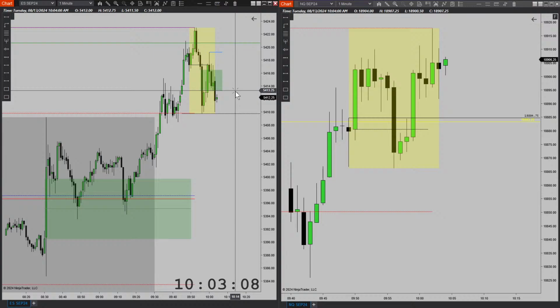We have a tiny gap here. If price comes back here, I don't want it to trade back above consequent encroachment.